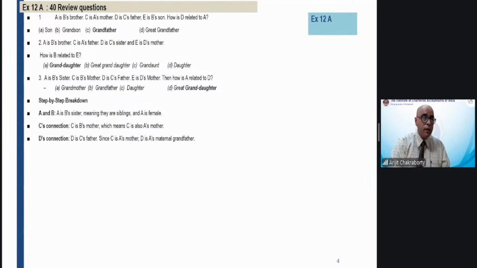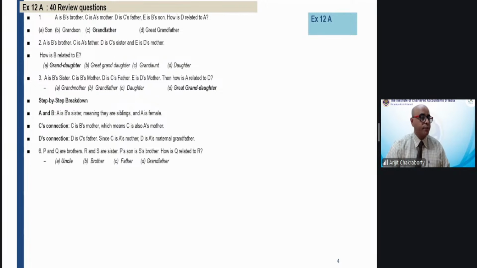It is maternal, because D is the father of A's mother. A's mother's father. Your mother's father means it is maternal. The word maternal comes from the word mother, from the mother's side. So the maternal grandfather. This is the logical reasoning involved, and we get the right answer.